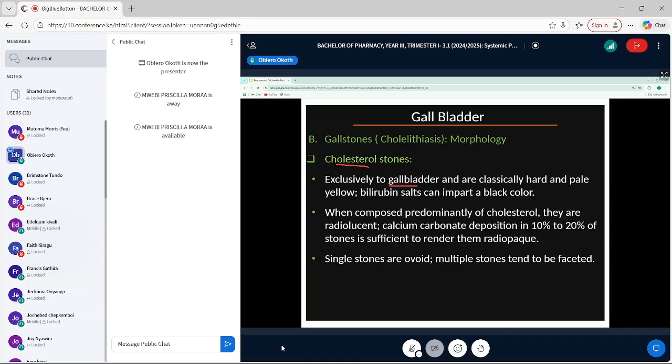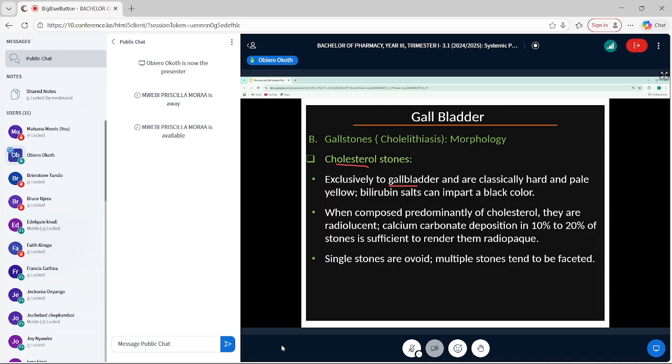But cholesterol stones are unique only to the gallbladder. And classically, they are hard, pale, and yellow. Usually you don't see them black unless they have some bilirubin salt, because you still have bilirubin even in that bile.